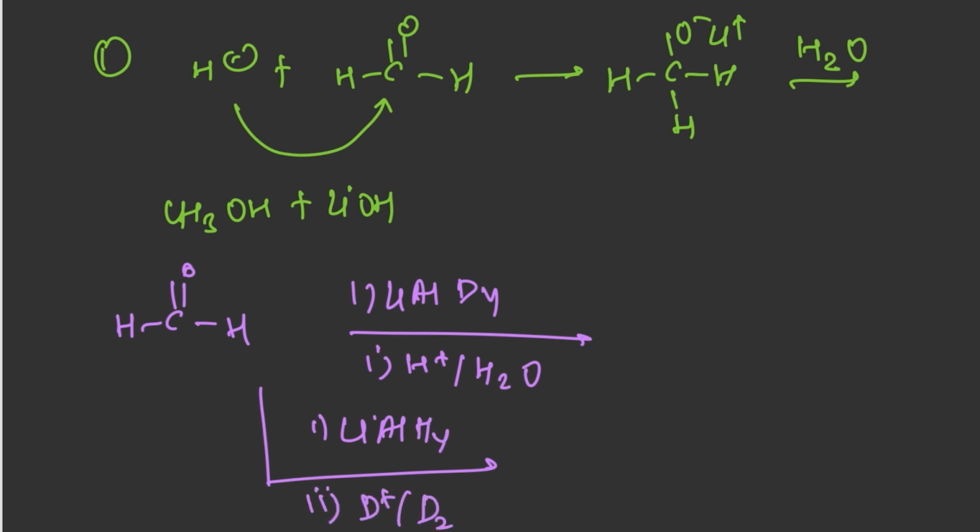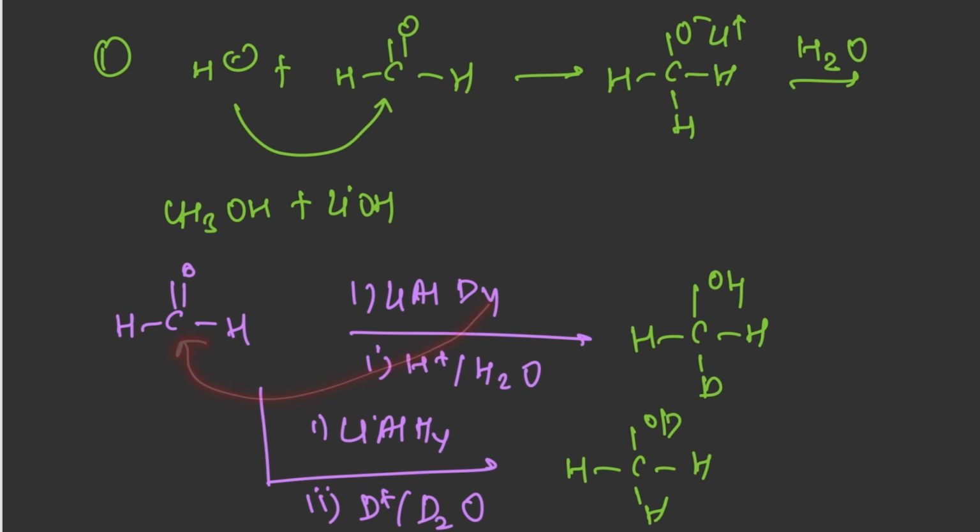So here deuterium attacks, D minus attacks over here, so it is D over here, and after hydrolysis hydrogen attaches over the oxygen. In the second, H minus will attack over here, and deuterium will attach over the oxygen.